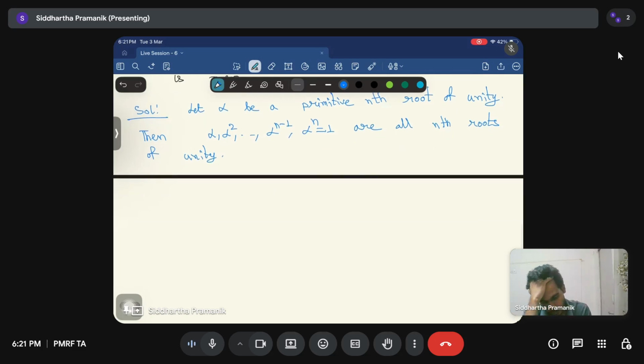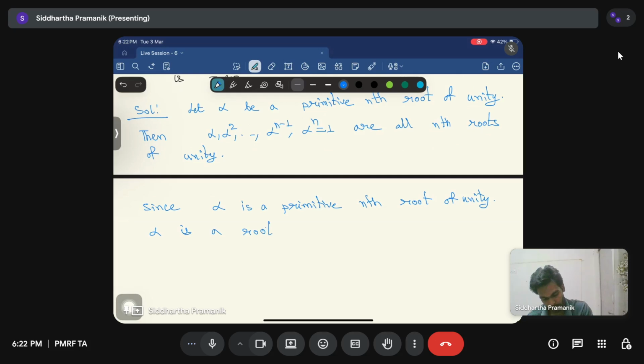Now since alpha is a primitive nth root of unity, alpha is a root of x power n minus 1. But what is x power n minus 1?